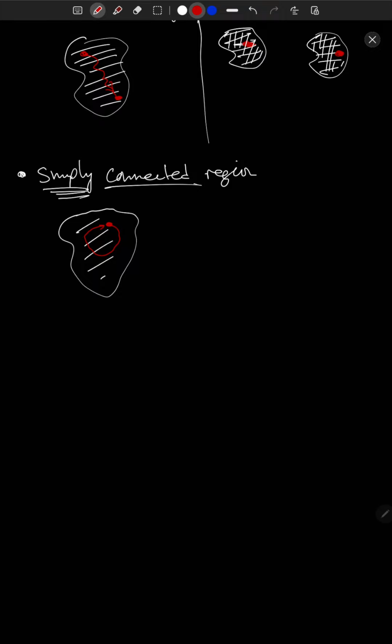So for example, in this picture, if we start with this loop, we can slowly shrink it and shrink it till it just deforms into a point. All right. And for this particular region that I've drawn, any loop can be shrunken to a point. So this would be called simply connected. This region is simply connected.